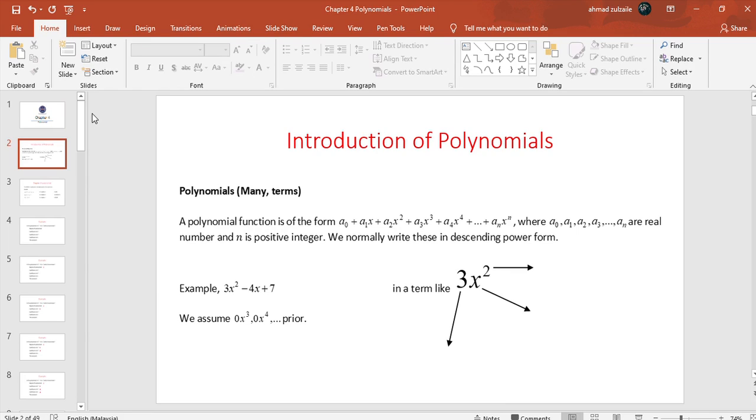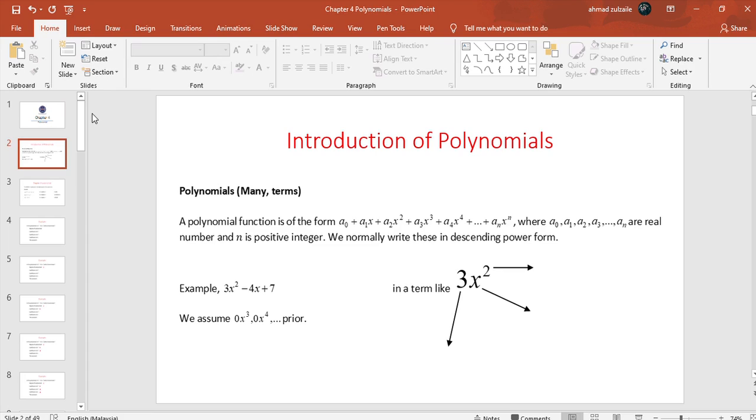So it's a combination of terms, that's why it's called polynomial, so many terms, right? We normally write this in descending order, which is from the highest to the lowest.